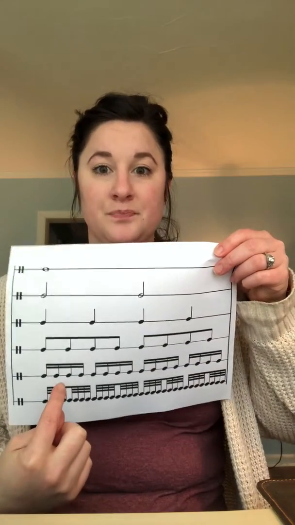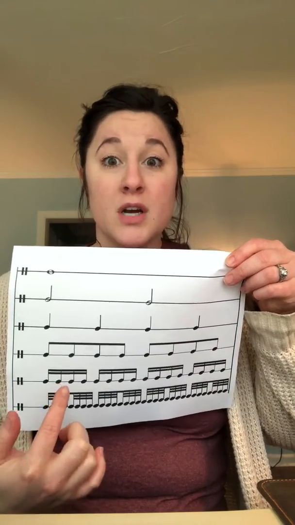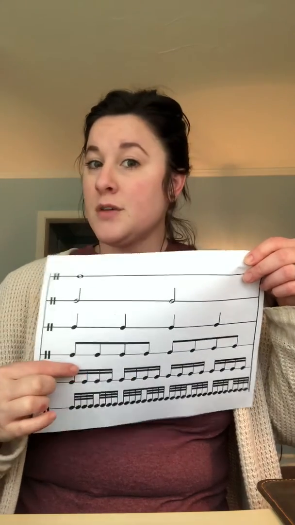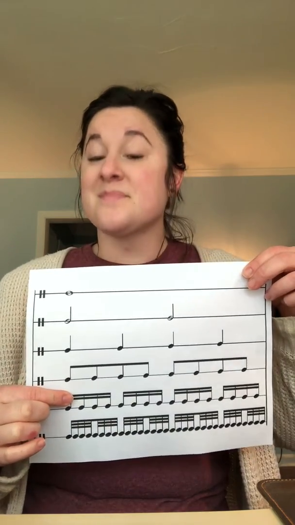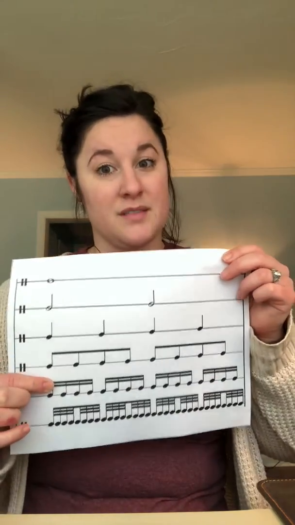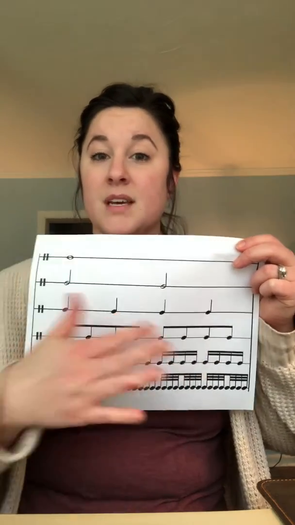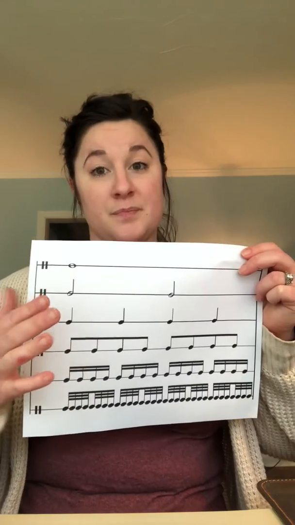That means 4 16th notes per 1 beat, and there's 4 beats in each measure. Multiply 4 times 4 and you get what? 16, and that's where these notes get their name from. It takes 16 of them to fill the entire measure.